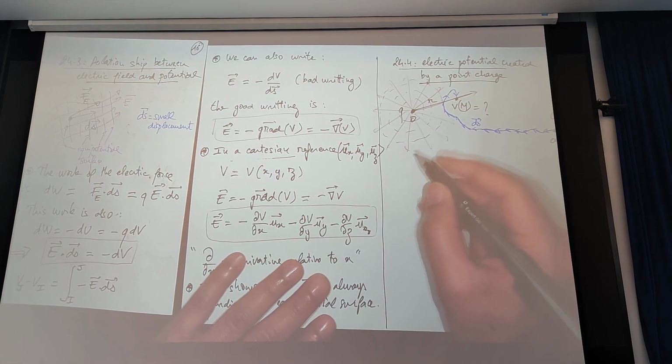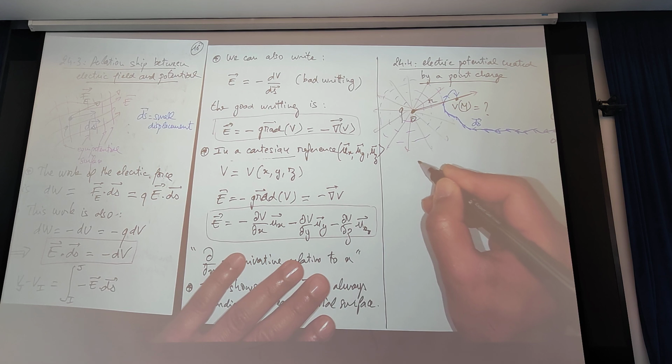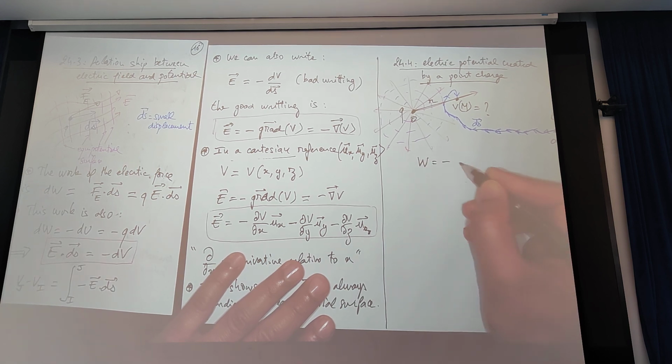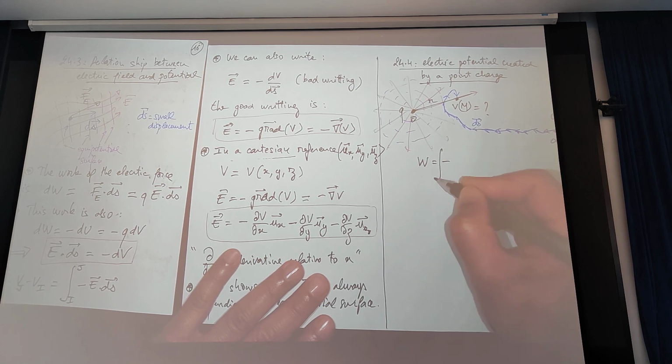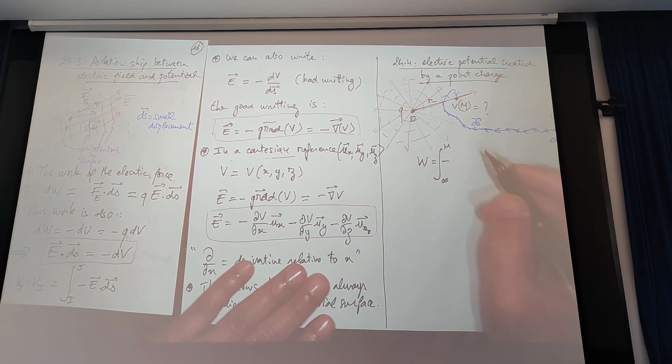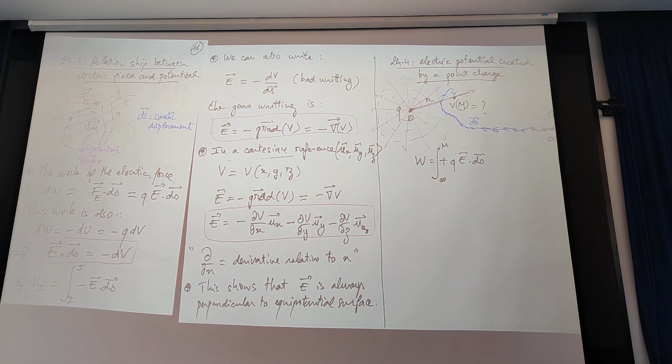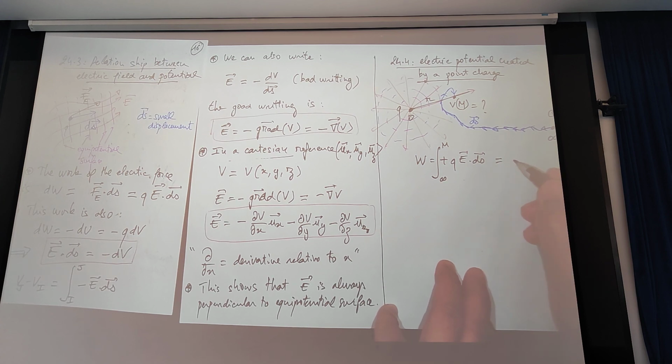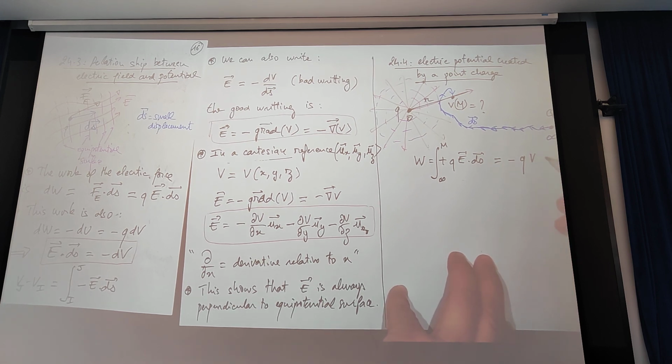So the work of this process equals minus the integral from infinity to M of the force, Q E times dx, because of the force, and we also know that it is equal to minus Q times the gradient of the potential.